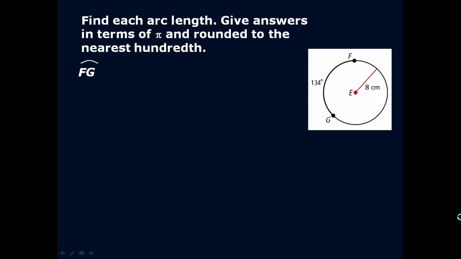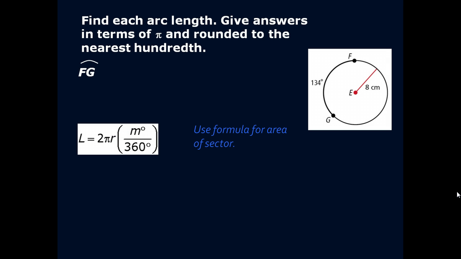For example, find each arc length, give answers in terms of pi, and round it to the nearest hundredth. And we have FG that we're looking for, arc FG. Use the formula. We have 2 pi r times the measure over 360.